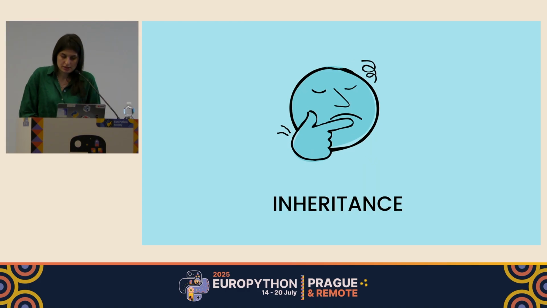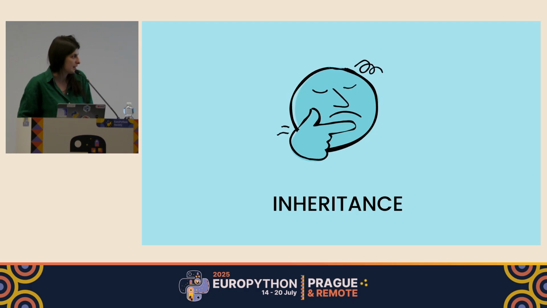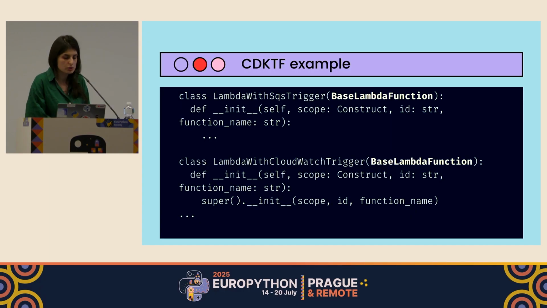But as I mentioned, it's possible to use inheritance. And what are the advantages of inheritance here? As everything will be defined in classes, it means that we also can inherit from our classes and add some business logic. For example, here we can define SQS trigger. As I mentioned, Lambda can be triggered a lot of different ways.